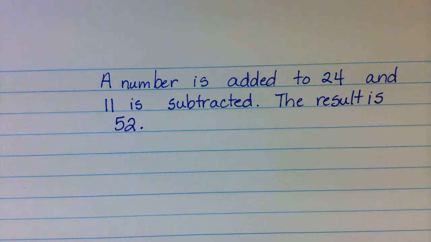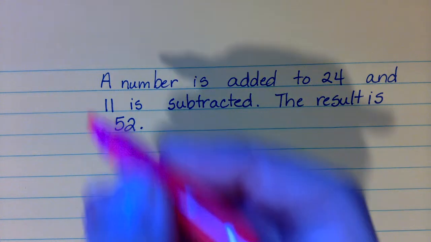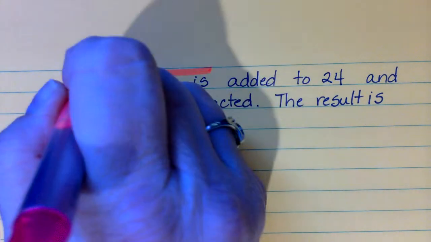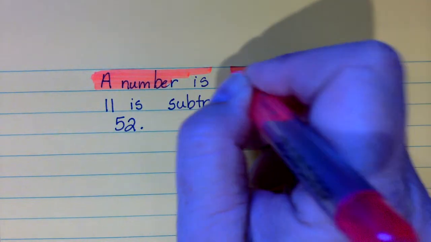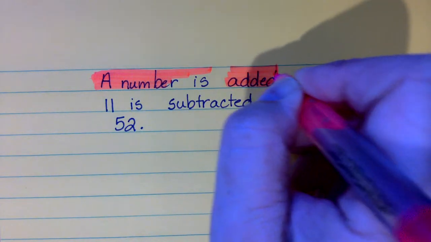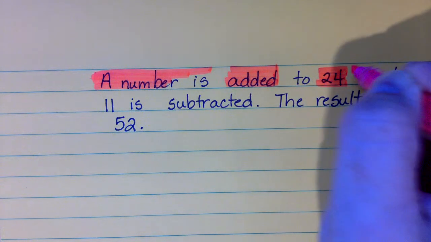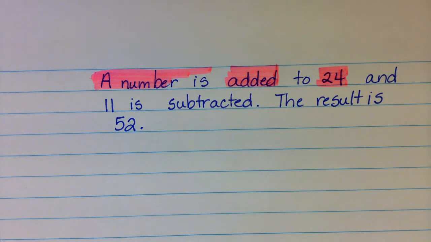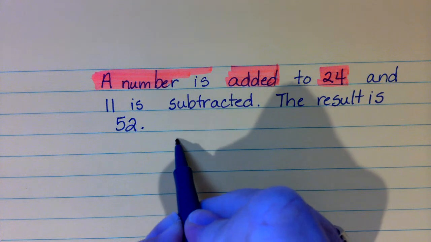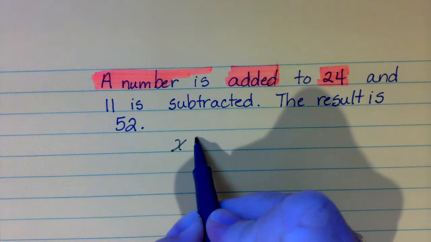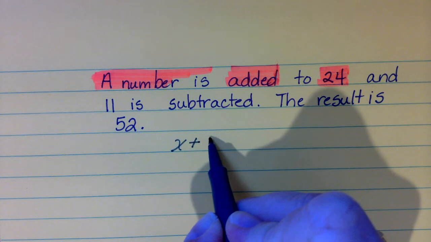So if we were going to write an equation to correctly represent these sentences, we would start with a number. A number is added. We don't know what the number is, but it's going to be added to 24. So we would pick any variable that we wanted to, A, B, C, D, E, F, G. Just for the sake of consistency, I'm going to use X added to 24.